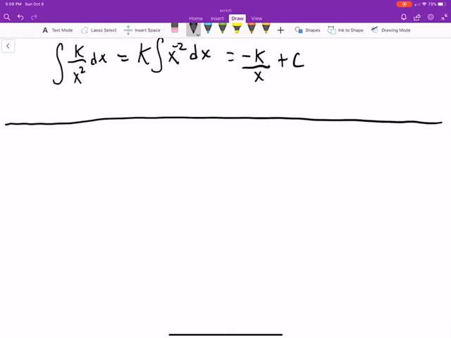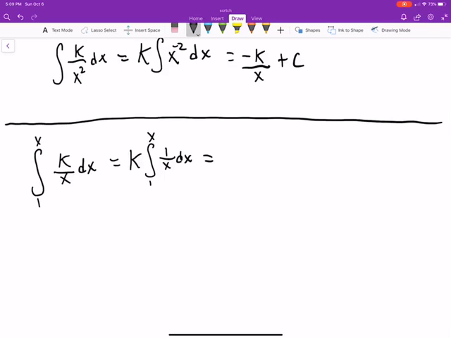Let's do this one really quick. What if we wanted the integral from 1 to x of k over x dx? Well, again, we can factor out the k and 1 over x dx. And here you'll see there's an issue with the power rule, because x to the -1, if you add 1, you're going to be dividing by 0.